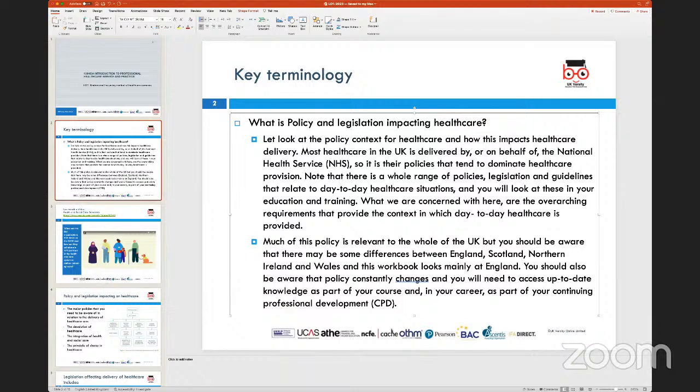So when we talk about the definition of policy and legislation in healthcare, in short, we are talking about the various acts and regulations set out within the National Health Service that allow healthcare services to be delivered in an impartial, non-discriminatory manner. It ensures equality and diversity.